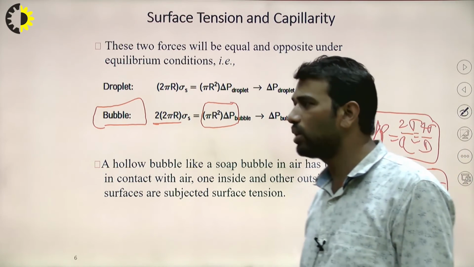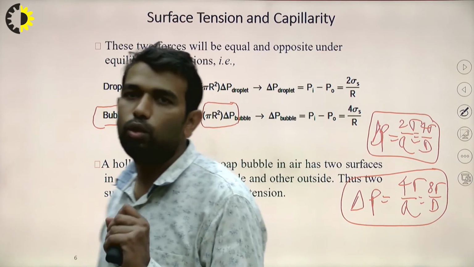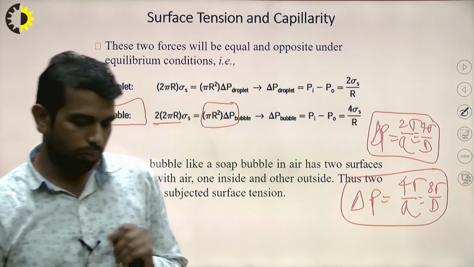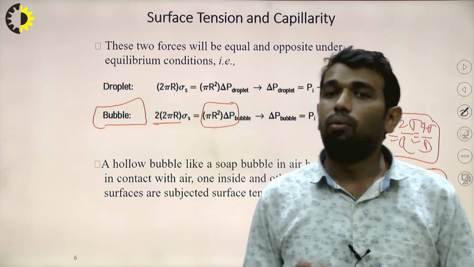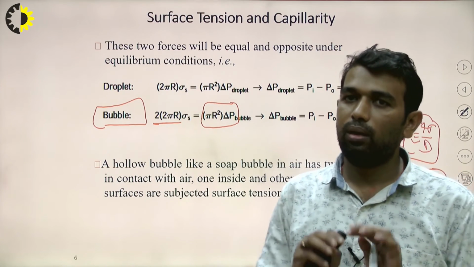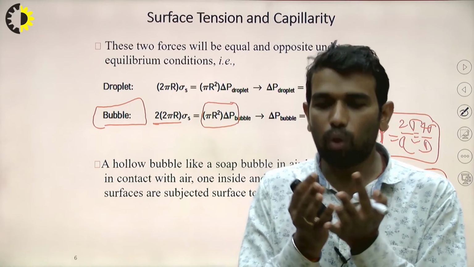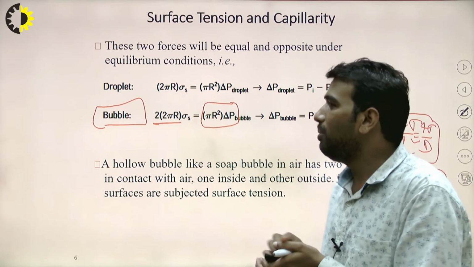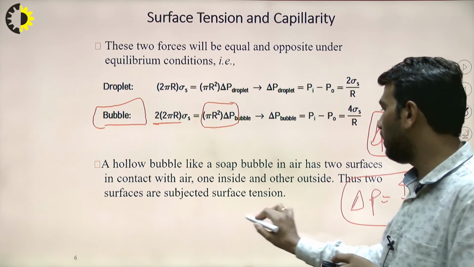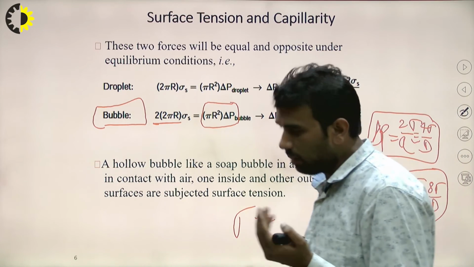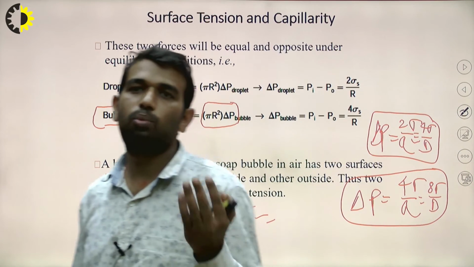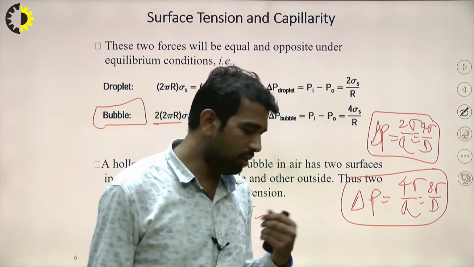Try to understand these mathematical equations. If you explore these two equations, you can understand that for a bubble to survive in the environment, the pressure definitely must be high, because sigma is a fixed parameter. Once you choose the fluid, sigma is fixed. For example, I quoted for water, that is 0.0732 Newton per meter.